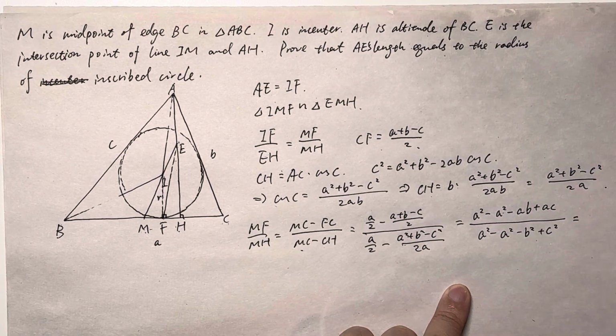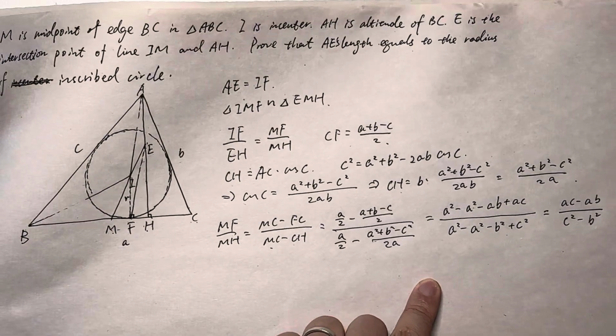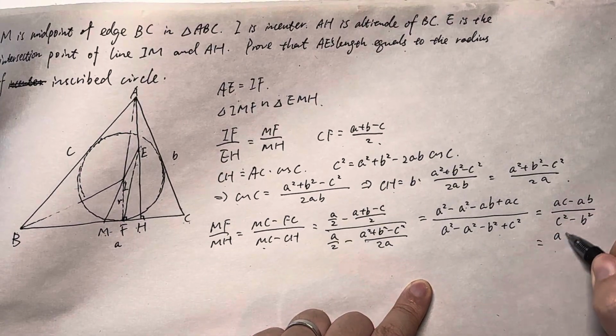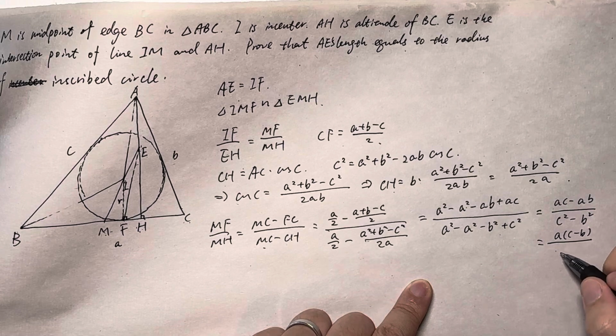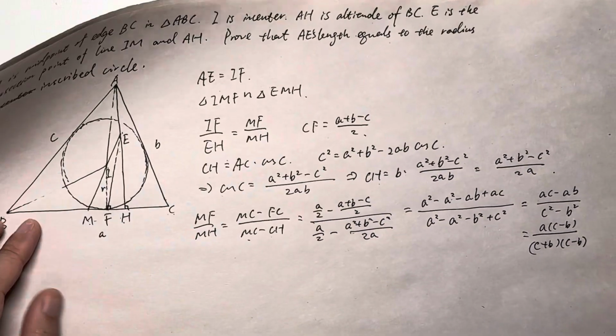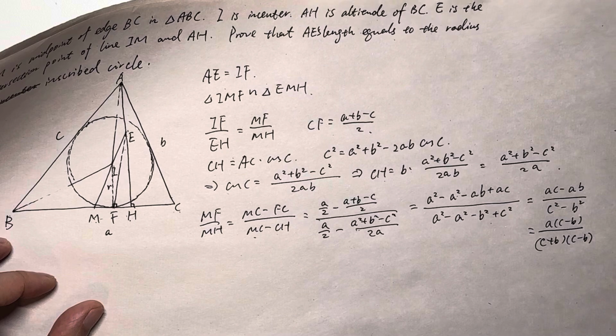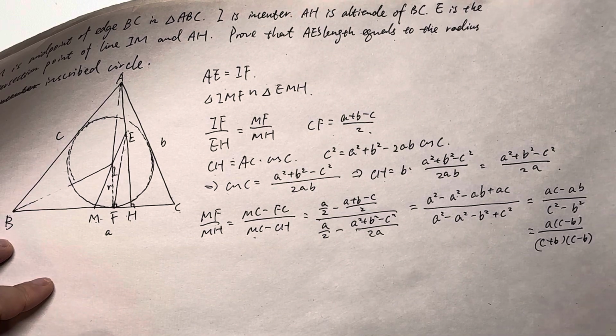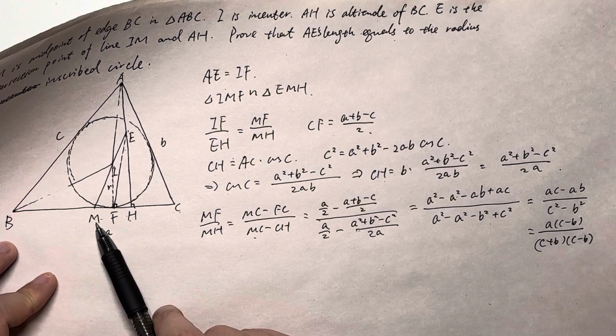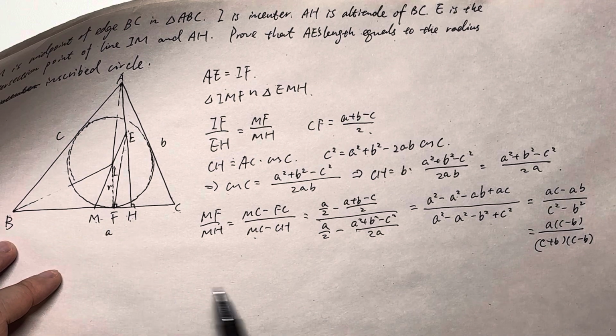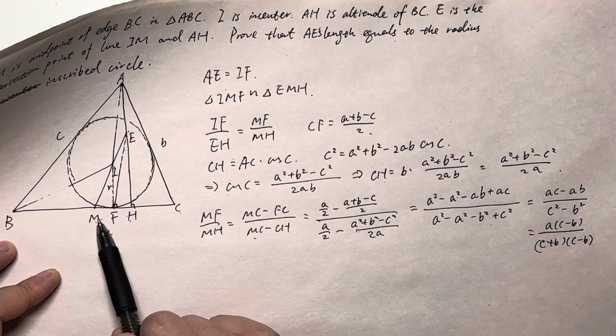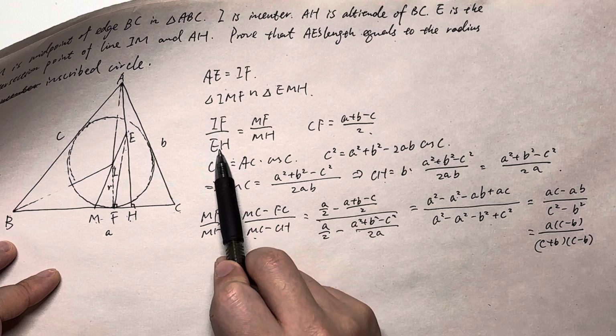It equals AC minus AB divided by c squared minus b squared, which equals c minus b divided by (c plus b)(c minus b). And that is MF to MH.